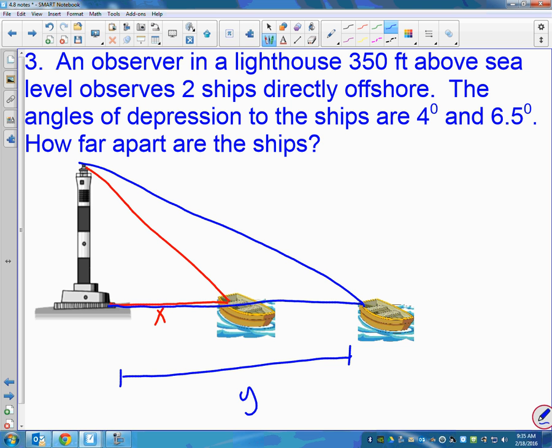But if you think about that angle of depression, which one of those should get the smaller angle of depression, the closer ship or the further ship?